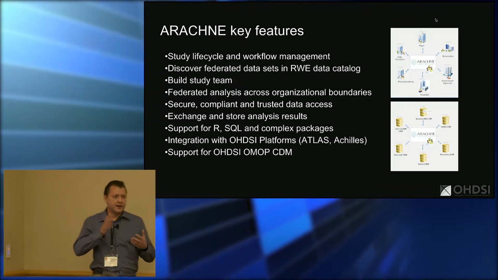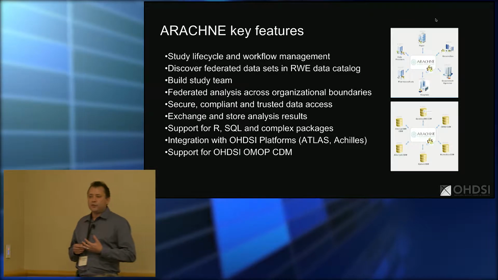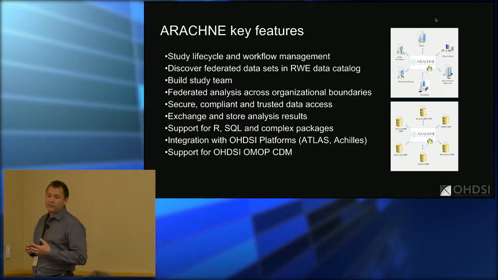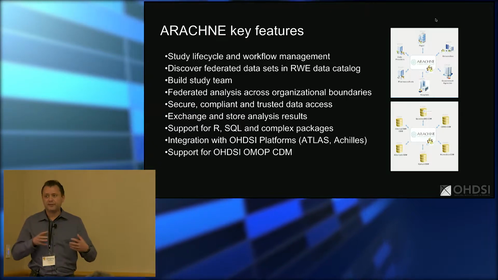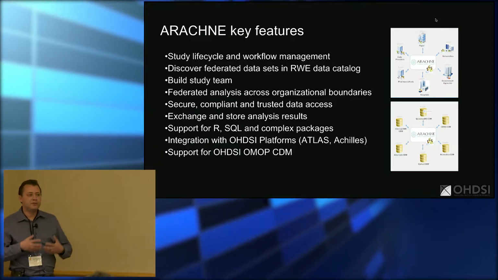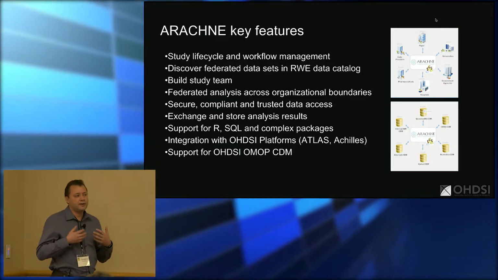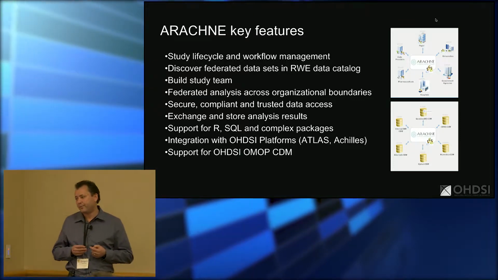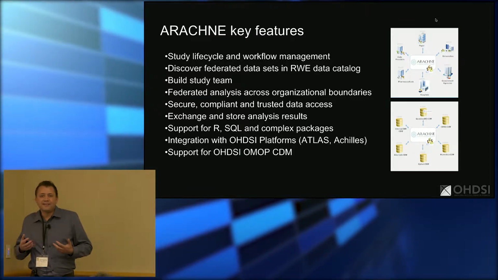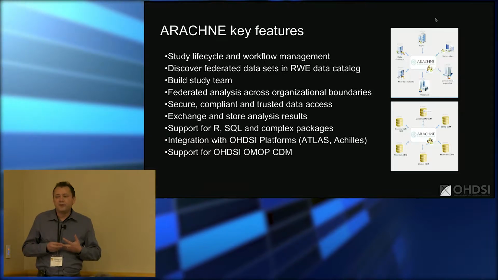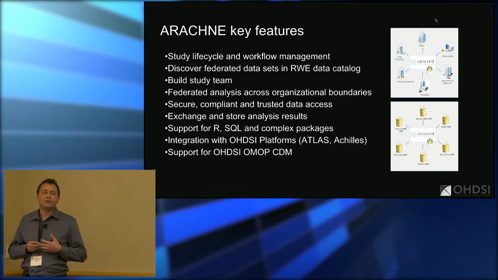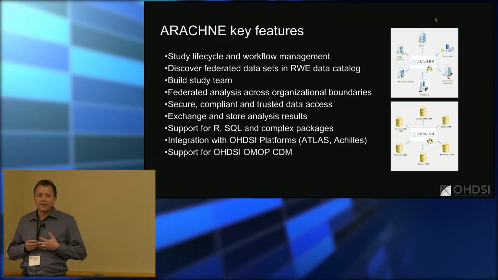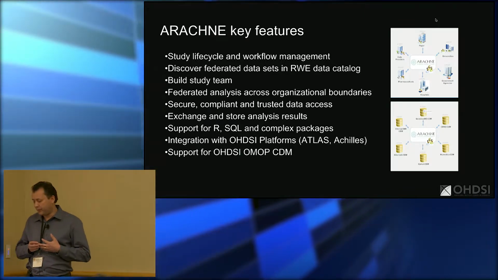It's actually arachne.ohdsi.org, which is for when you conduct federated observational studies, meaning you conduct them across multiple organizations and data sets that sit behind an organizational firewall. So from a process perspective, they're actually quite similar, but from an execution perspective, those are quite different types of approaches that we needed to take.